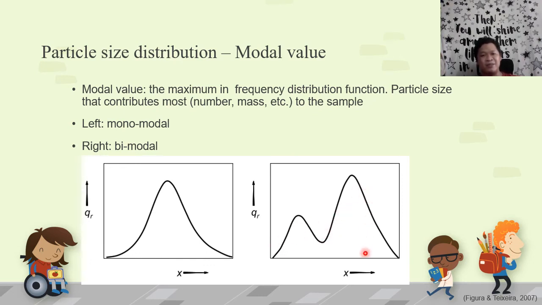In this case, of course, pwede rin namang hindi. And that depends on a number of factors like maybe ano yung ingredients mo. Like for example, if you have two major ingredients that have a very large difference in particle size and you made no attempt to make them uniform, then you'd probably have something like a bimodal distribution.